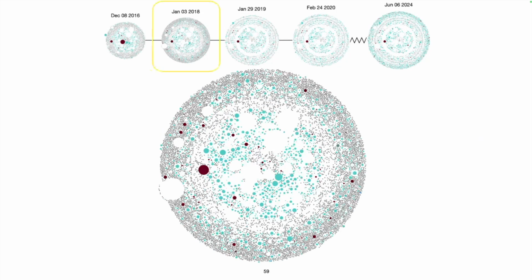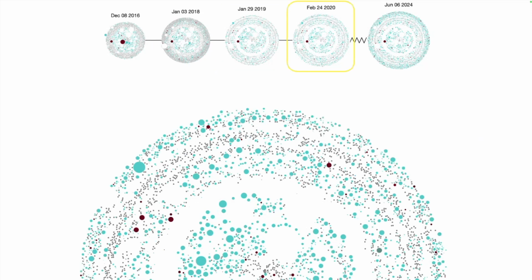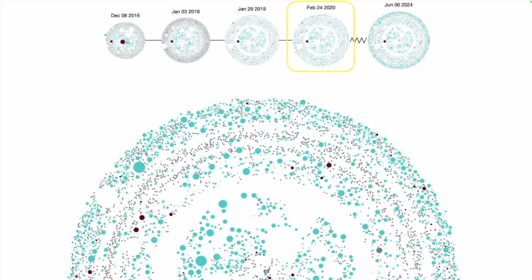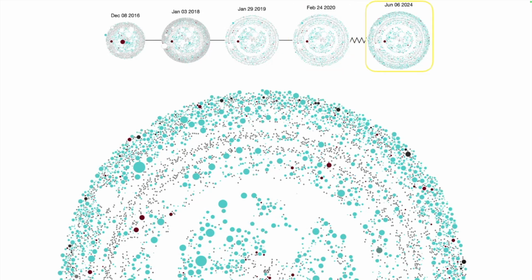Then there's always this sort of section or time frame between the core solidifying and the project starting, where a lot of things happen in very little time. And then we have this structure that kind of remains there for the rest of the history.